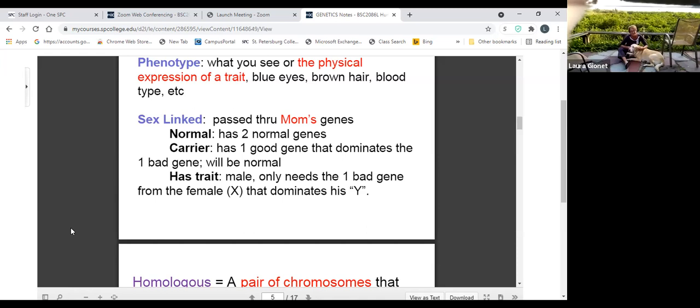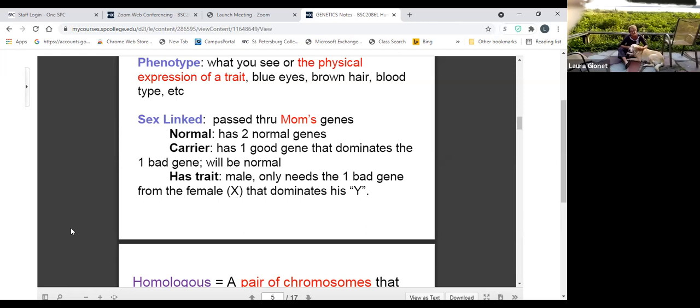So when it comes to mom's makeup, she can either have two X's that are just normal and not even be a carrier, or she could have one normal X and one X chromosome carrying, let's say, CB for color blindness. Well, mom's normal chromosome dominates over the chromosome carrying color blindness in females.